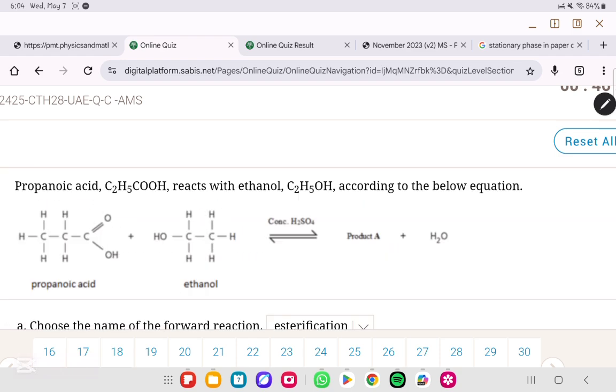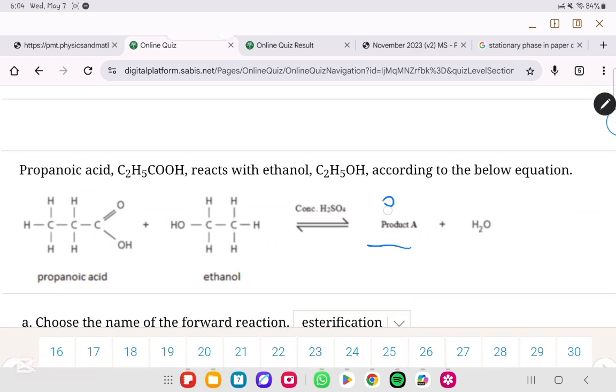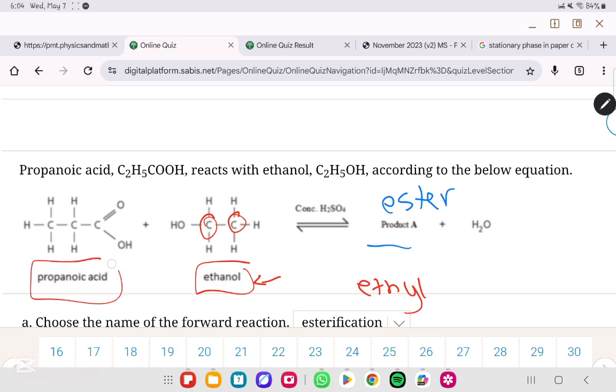Now, the name of product A. How do we name product A, which in this case is our ester? You will take the alcohol. How many carbons does it have? It has 2 carbons. The prefix for 2 is eth, and after that you put yl, so ethyl. Then you take the acid and count the number of carbons, so that's 1, 2, 3.